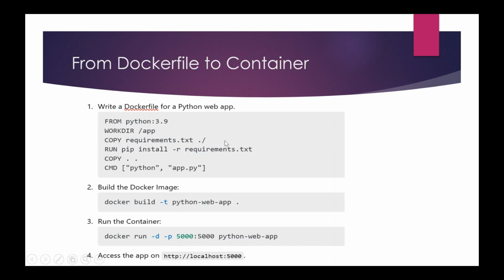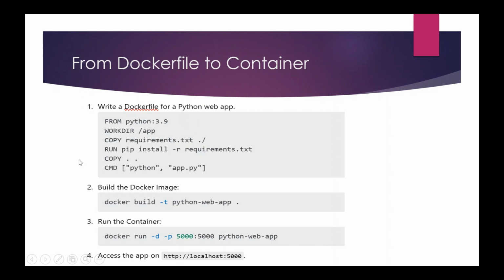Okay, if you need more details about all these commands, I have already made videos about Docker. You can go ahead and watch that. And finally, once the container is running, you can access your application on this port number and this localhost URL, and your application will be accessible.